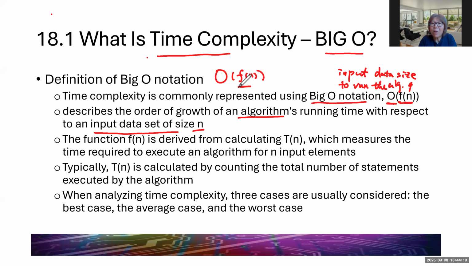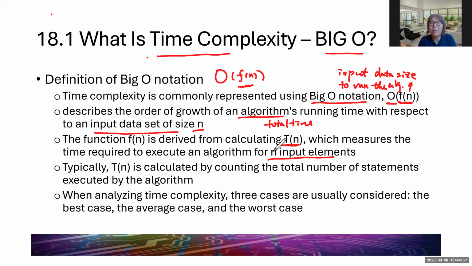So how do we come up with this function f(n)? It's derived from T(n). T(n) is what? It measures the time required for execution of the algorithm for n elements. Basically, this is the total time for the execution of the algorithm, considering the input data size is n.